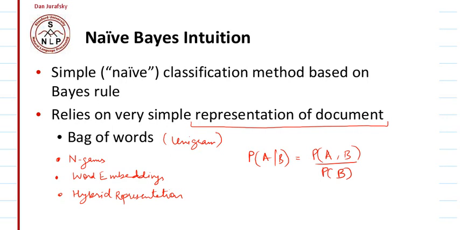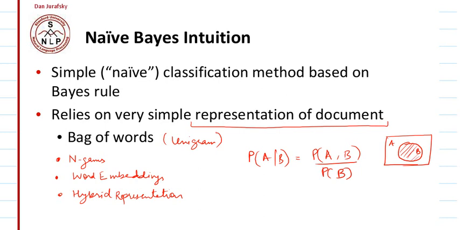Probability of A conditioned on B is equal to probability of A and B divided by the probability of B. So we have a set A, and then we have another set that is inside B. When we take the probability of A given B, we only consider this B part.